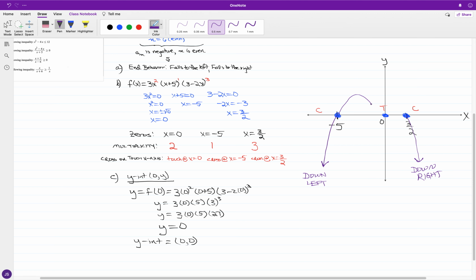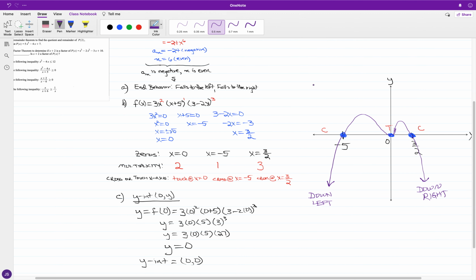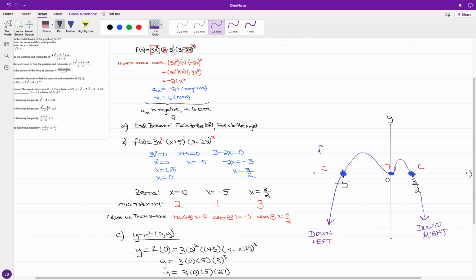But once I get to x is equal to 0, the graph is going to touch, so it's going to bounce off the x-axis, and then it's going to descend. And once I get to x is equal to 3/2, the graph is going to cross, moving down and to the right. Again, this is not drawn to scale, but it is the essence of the behavior at the extreme ends, and for what we have in between.